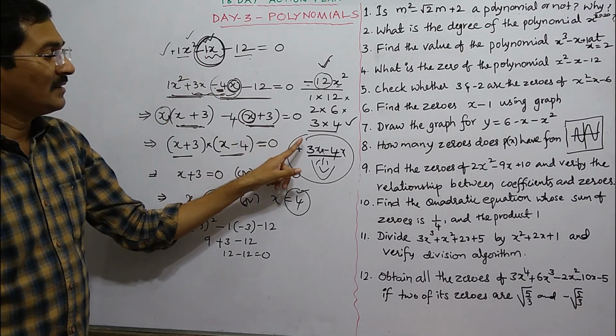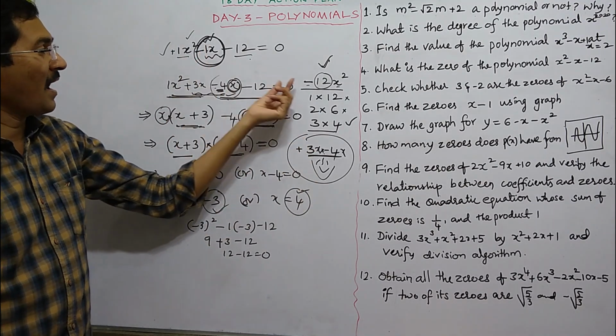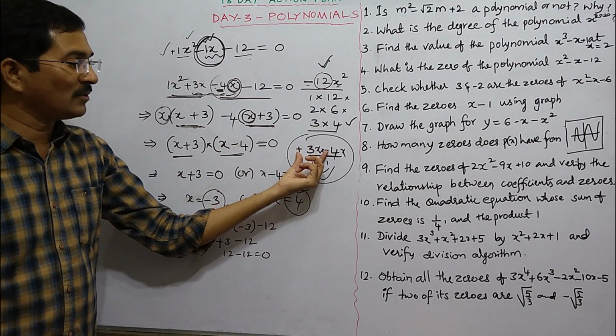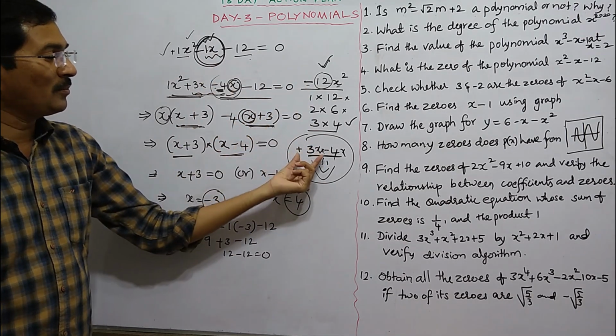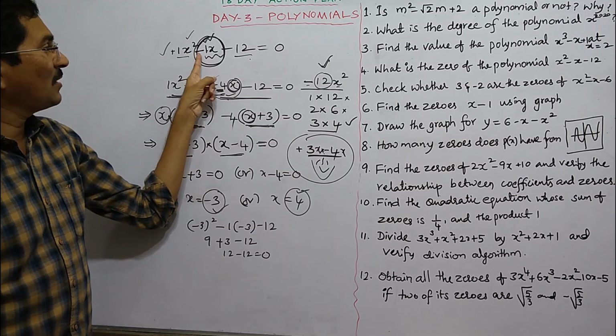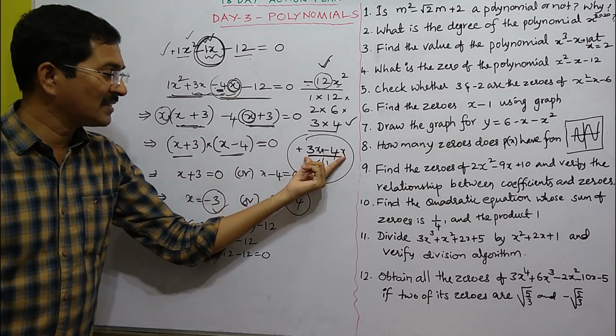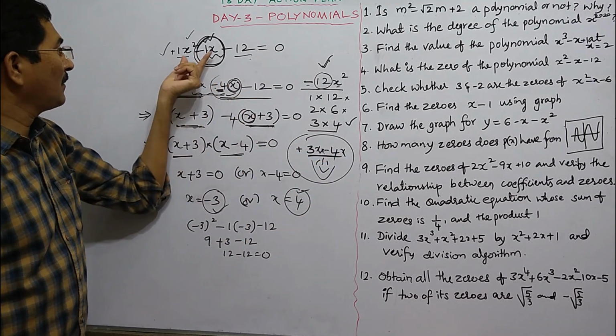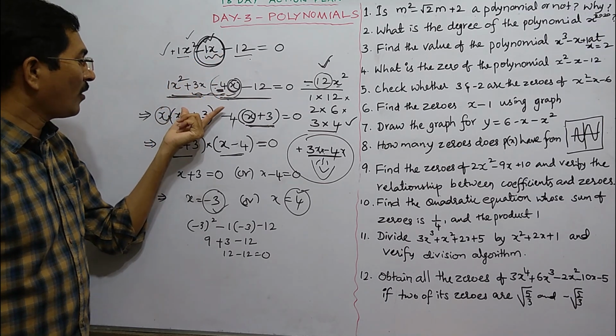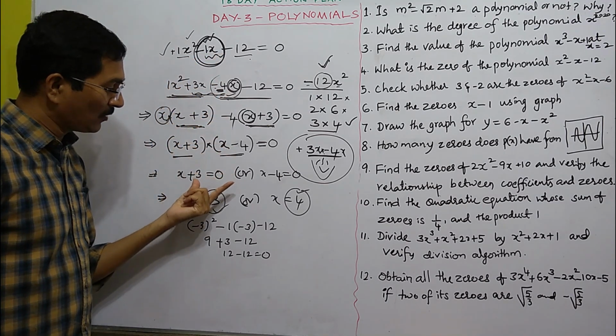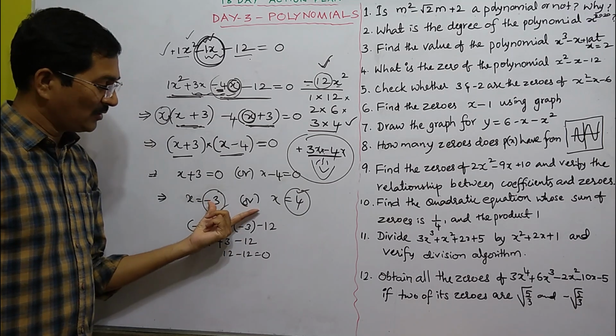Then depending on that, if you have to add them, you will put the same symbol for both. If you have to subtract them, you will put different symbols. This symbol should be for the bigger one, and so on. You will get this one. This is replaced in place of the middle term, and so on. If you go on taking common and common, finally you will get the zeros like this.